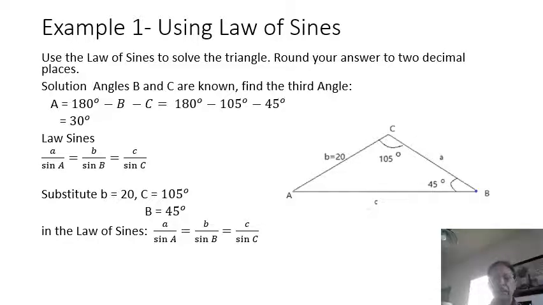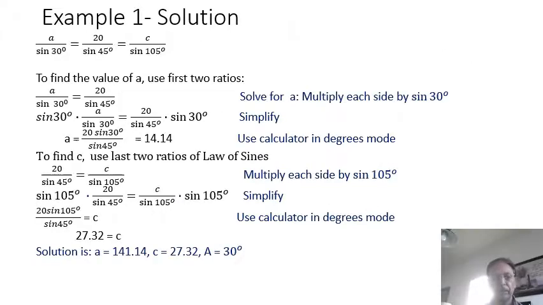Substitute b equal to 20 and C equal to 105 degrees, B equal to 45 degrees, and angle A is 30 degrees in the law of sines. a over sine 30 degrees equals 20 over sine 45 degrees equals c over sine of 105 degrees.